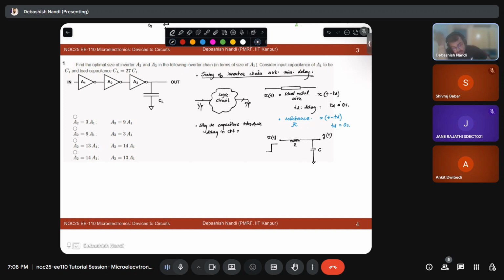What is the fundamental thing that it does? It's a storage element, right? So it will store some kind of energy within it. So it will introduce a delay. So for example, just answer me this question. If I have a current source with a capacitor connected to it, what is the delay of this circuit?